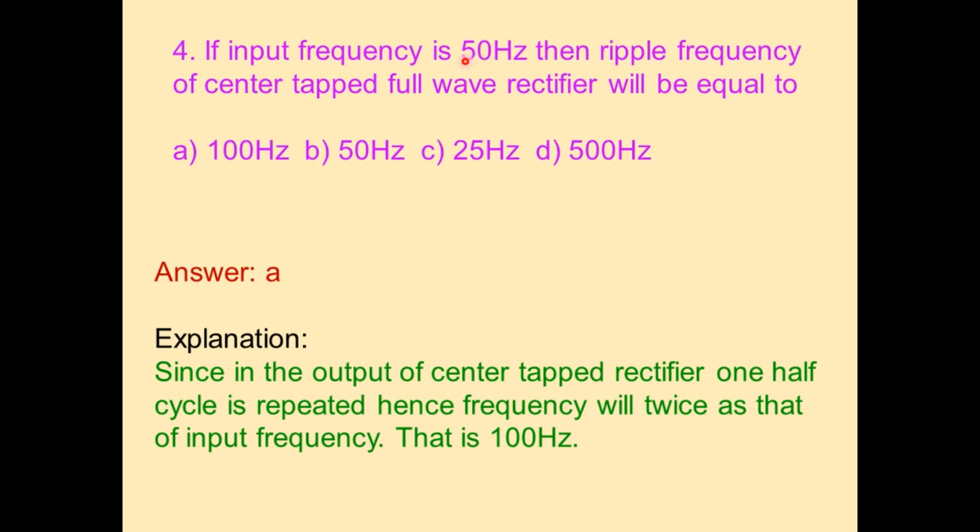So in the case of center tapped full wave rectifier, both the positive cycles and negative cycles we got as output. Okay, so the ripple frequency is twice that of the input frequency, that is 100 Hz. So option A is correct.